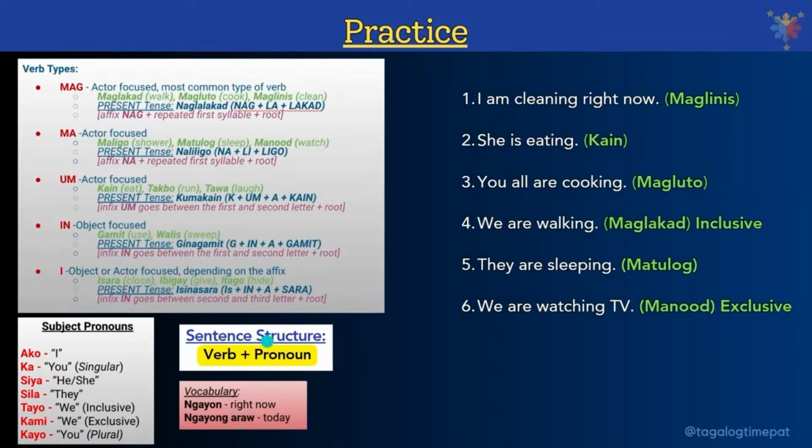So let's do number 1 together just so we are all on the same page. Remember our sentence structure here, verb plus pronoun. So the verb for to clean is maglinis. In the present tense, it's naglilinis. So for mag verbs, remember the pattern is affix nag, then there's a repeated first syllable, and then the root.